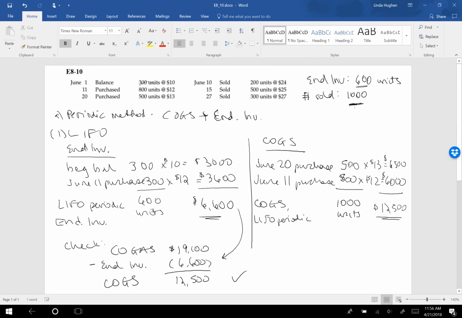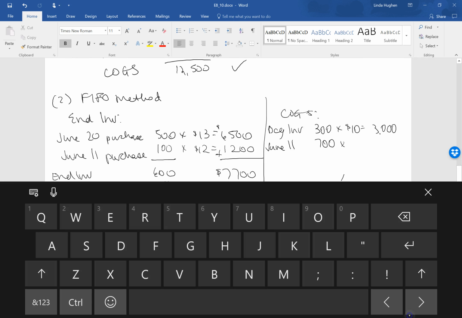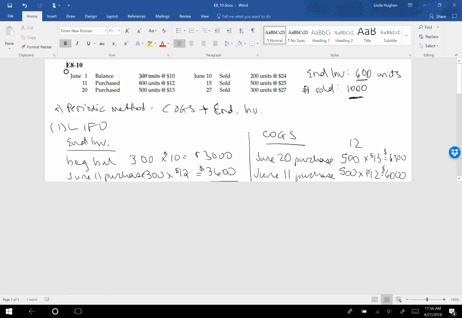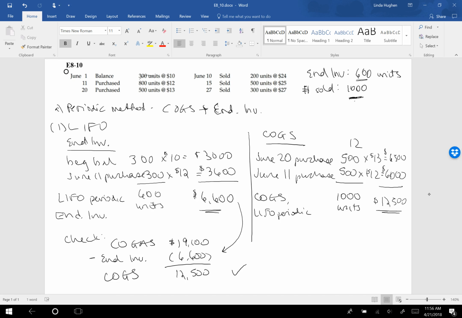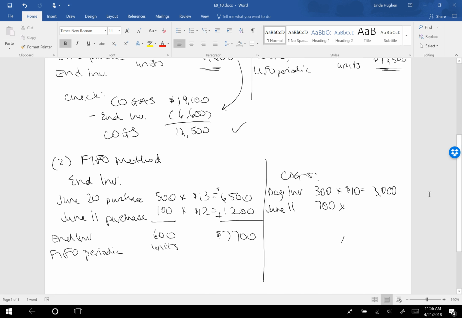And we said the cost there was $12 per unit, which is $8,400. Cost of goods sold, we're accounting for 1,000 units.